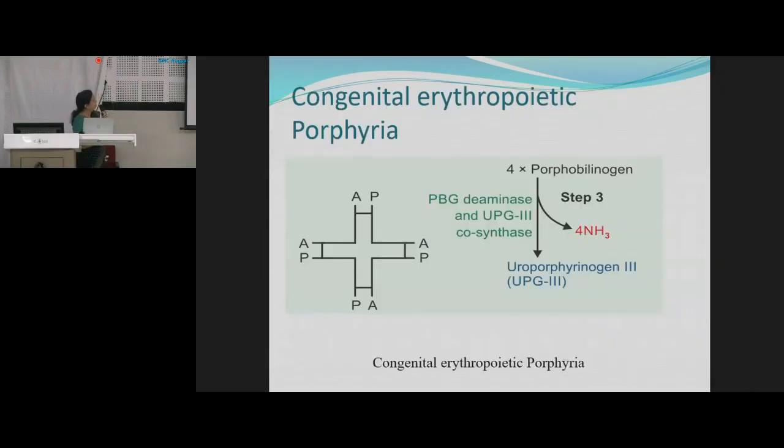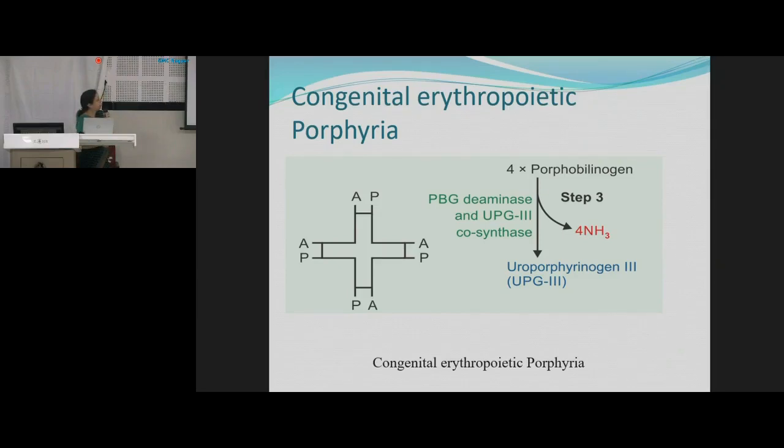So next porphyria, that is congenital erythropoietic porphyria. That is due to deficiency of enzyme porphobilinogen deaminase or uroporphyrinogen 3 co-synthase. That is, this 4 molecules of, that is the hydroxybilane which was formed after porphobilinogen, that hydroxybilane in the presence of PBG deaminase gets converted to uroporphyrinogen 3.